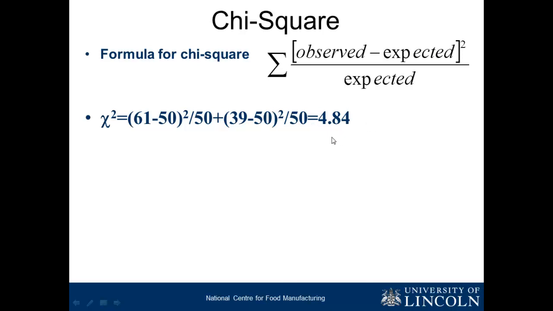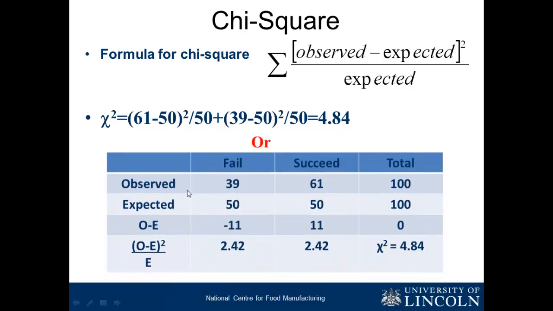Now, another way of doing this to make it easy for us is to use a table. Let's look at this table. For dislike, the observed is 39. For like, the people that like our product, the success, succeed, or pass, it can be an exam, we know it's 61. Now, expected, we said that in the population it is 50-50.